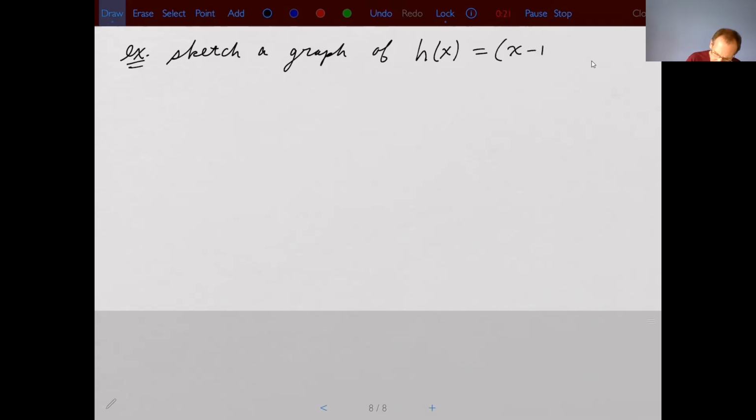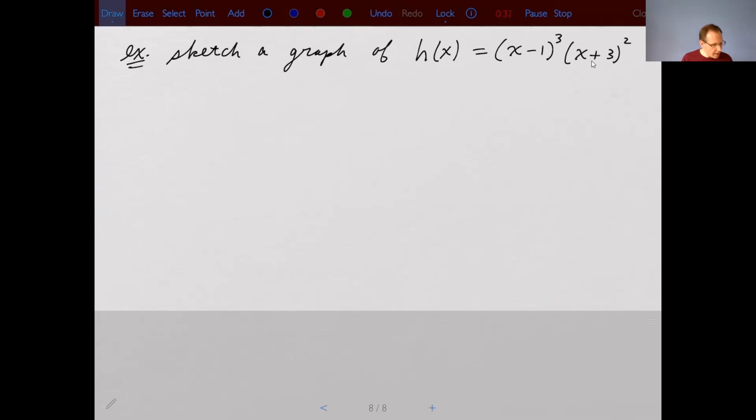Okay, so in this case, for my next example, I want to sketch a graph of this function. I'll call h of x is equal to x minus 1 cubed times x plus 3 squared.